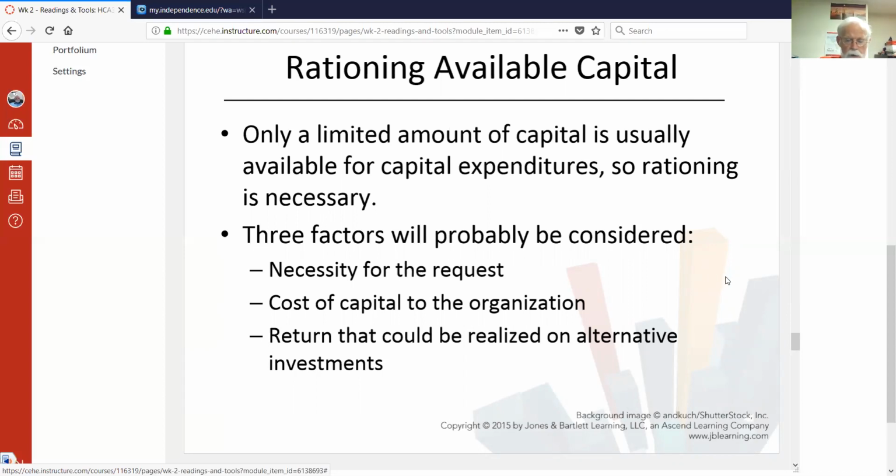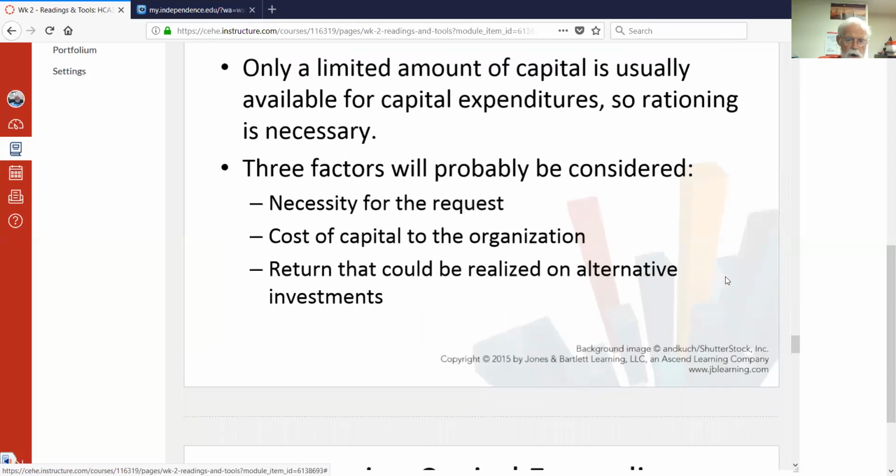Capital is not free. So we look at the cost of that. Again, that's basically our interest rates. We're going to have to borrow the money. It's going to be at some rate. Is the return that we can get from the capital expansion or capital expense greater than, first off, the cost of capital, which hopefully it is, or alternative investments?